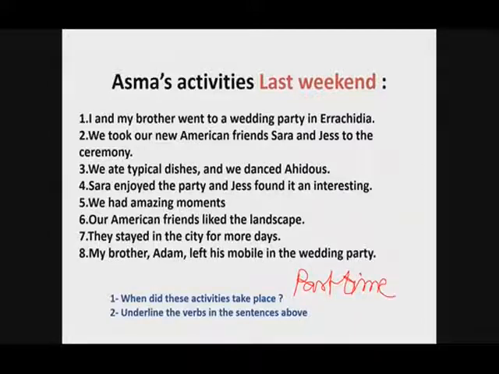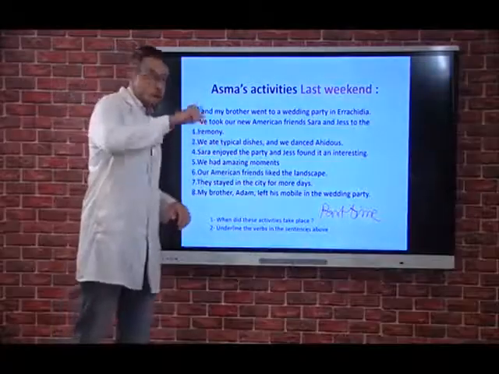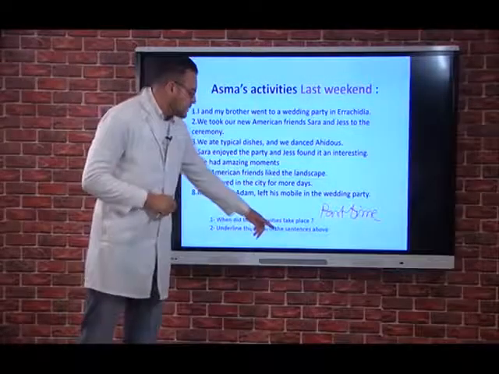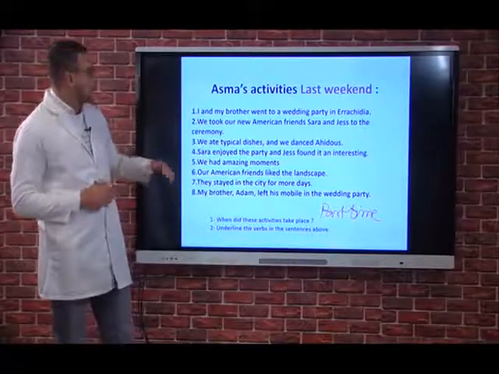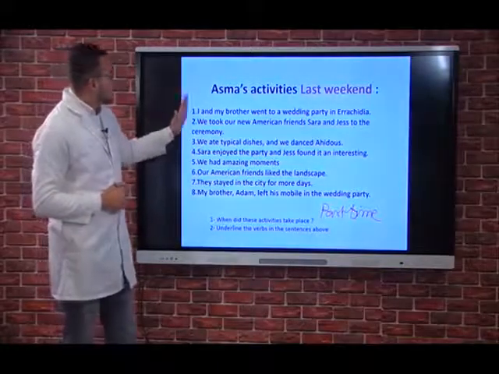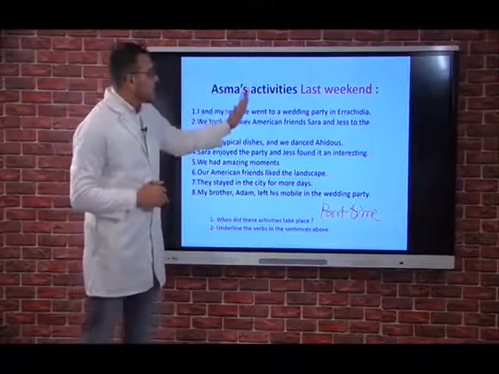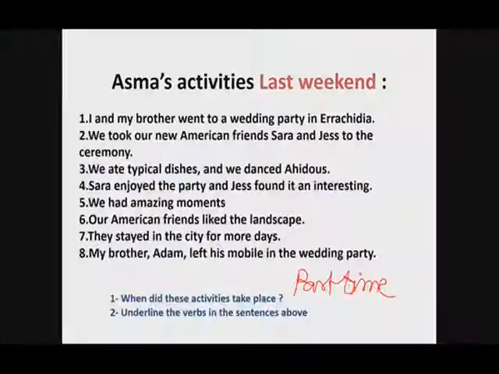Then number 2, we need to underline or circle the verbs in the sentences above. I'm going to start with the first one. She said, I and my brother went to a wedding party in Rashidia. So what is the verb in here?